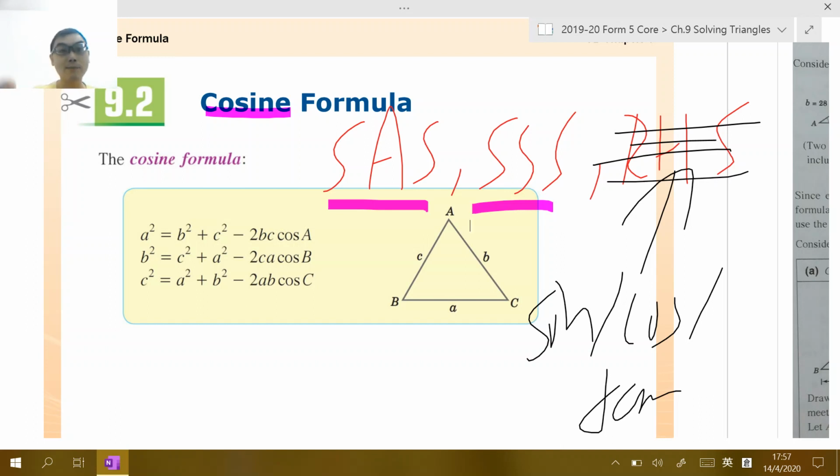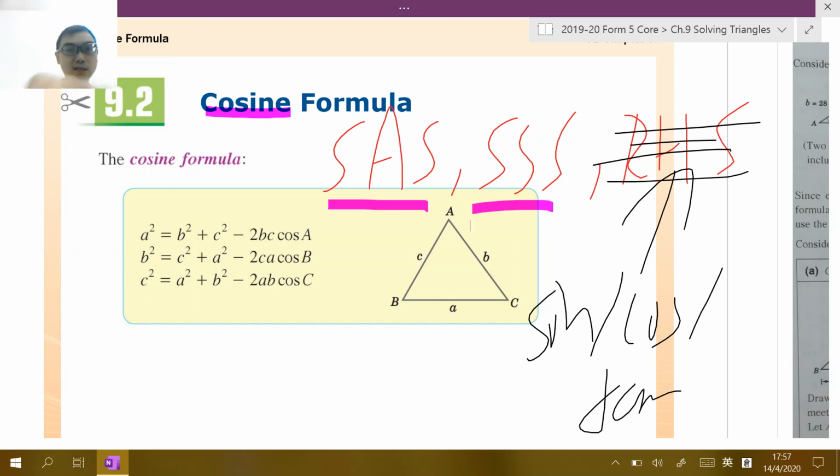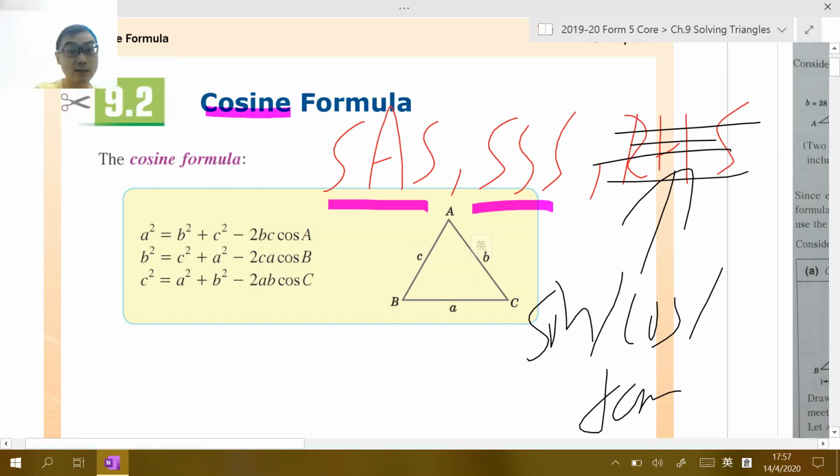But just remember the formula is a little bit special. As you can see in the book, it is something like this: a squared equals b squared plus c squared minus 2bc cosine A, and also its symmetrical forms, for example with b and c as the subject. But you can see this formula is a little bit familiar.